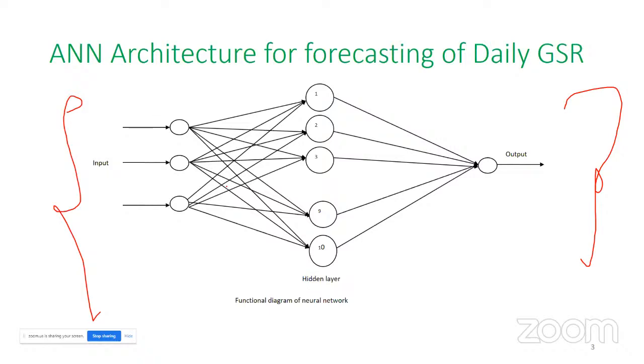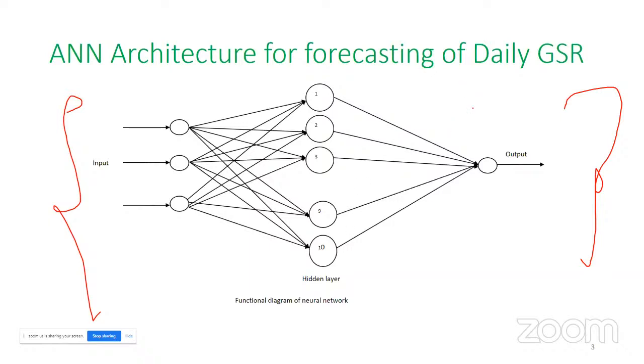So the application is not unique to NN, but whatever I'm going to explain here is specifically for solar renewable power forecasting applications. So here we have different ANN modelings.